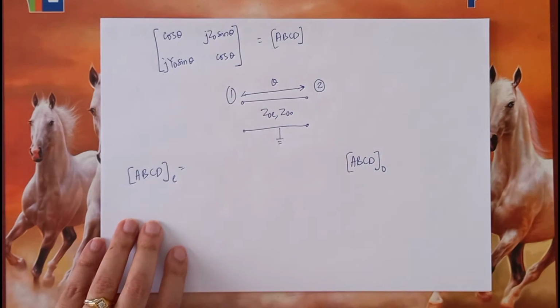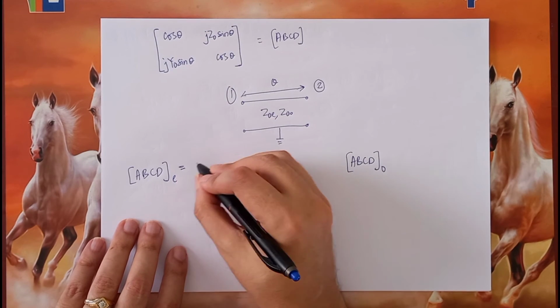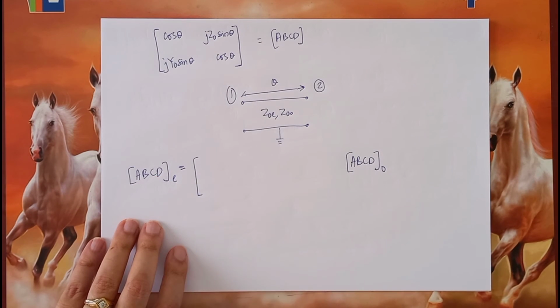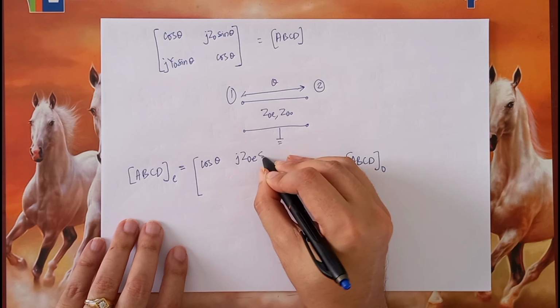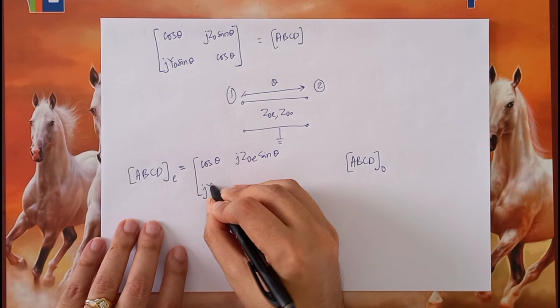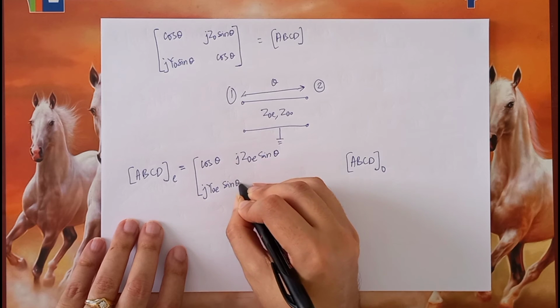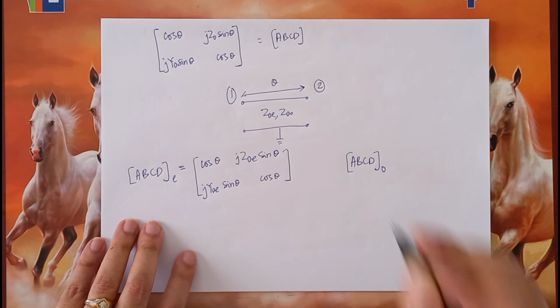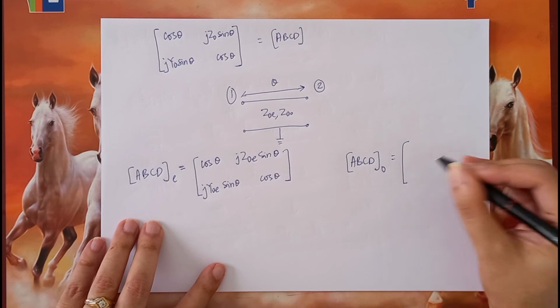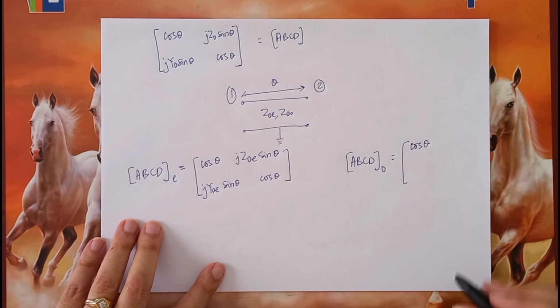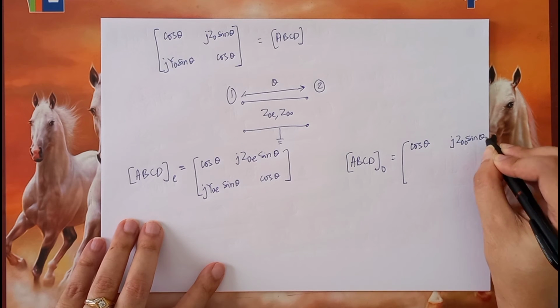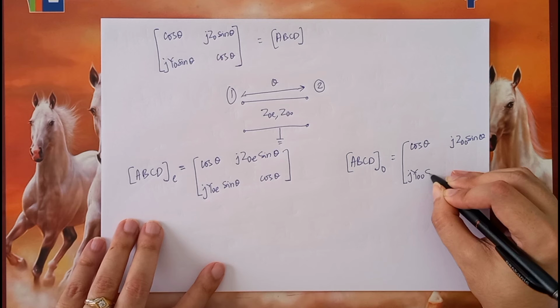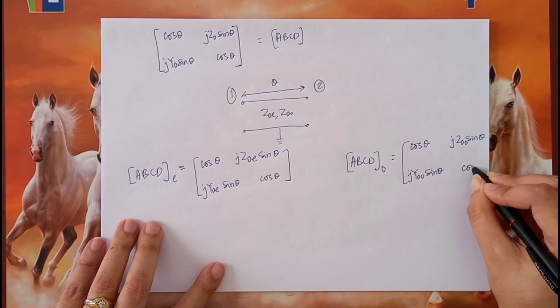So therefore, just by using this result, you can prove it yourself, and you can apply this to show that the even mode ABCD matrix will be cos theta, jZ0E sin theta, jY0E sin theta and cos theta. And in the odd mode, it will be just an extension of this: jZ0O sin theta, jY0O sin theta and cos theta.